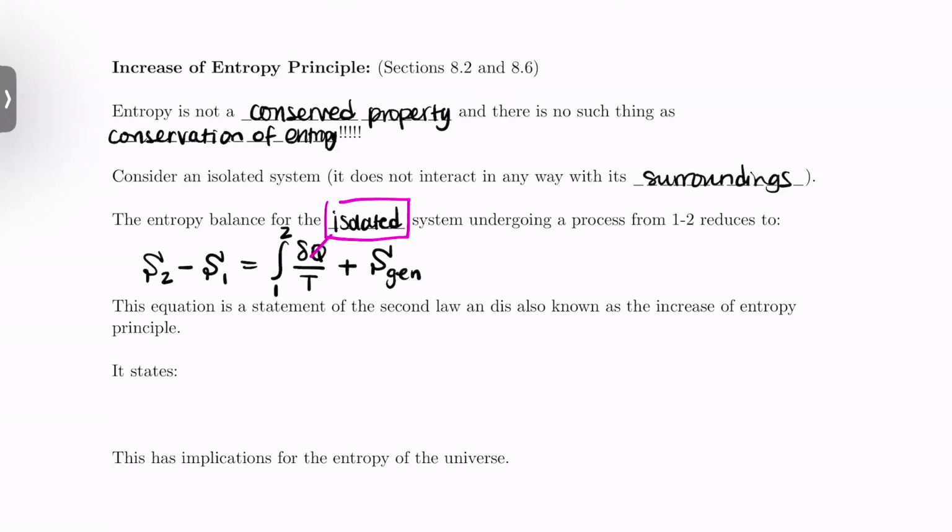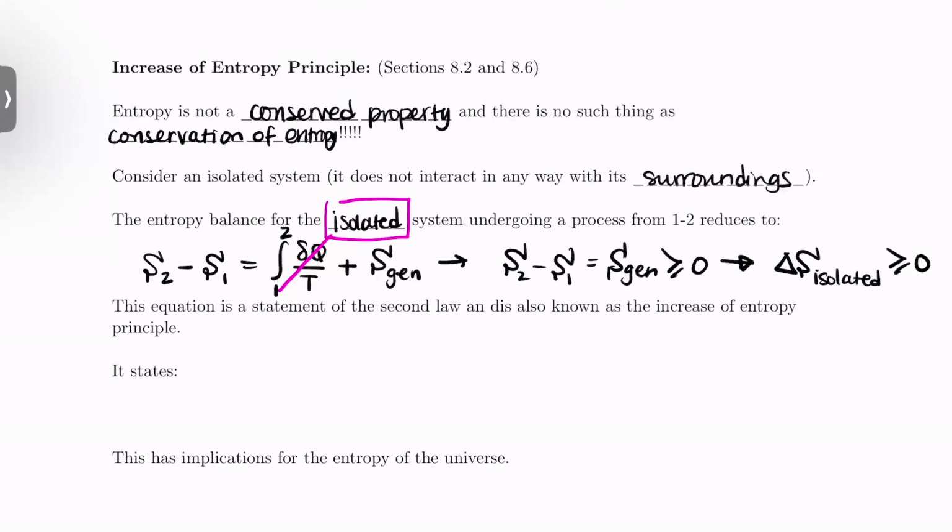Because of that, we can get rid of this term. And so S2 minus S1 is equal to S gen, which we know is always greater than or equal to 0. So the change in entropy for an isolated system always has to be greater than or equal to 0.